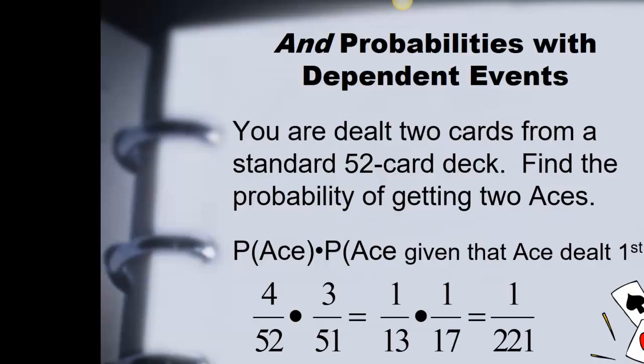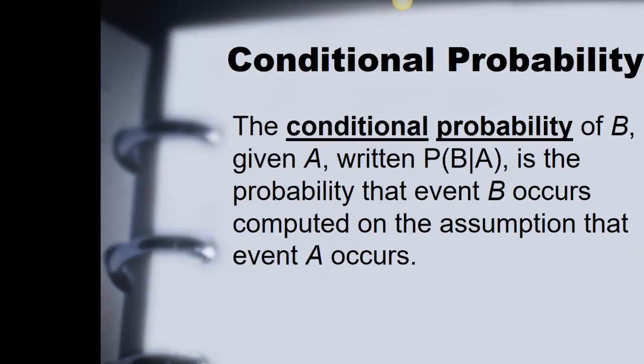Let's go back because I went kind of quickly on there. Next vocabulary, conditional probability. The conditional probability of B, given A, written P of B given A, is the probability that event B occurs computed on the assumption that event A occurs.